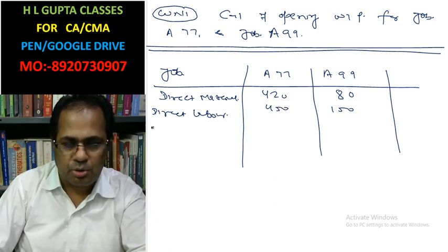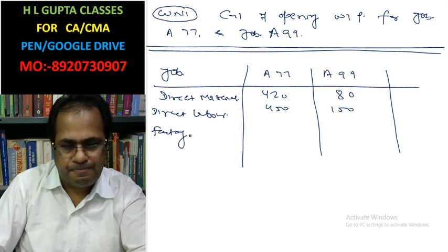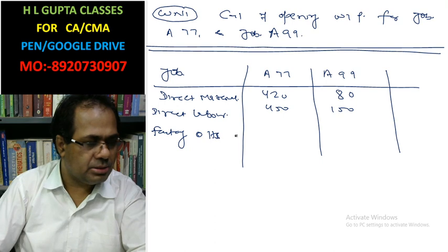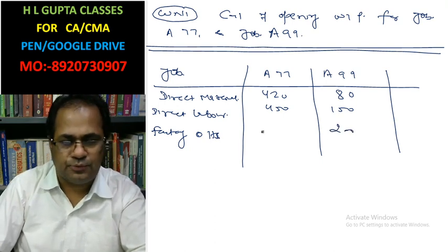And now this is the prime cost. Factory overhead is your 200, this is 400.